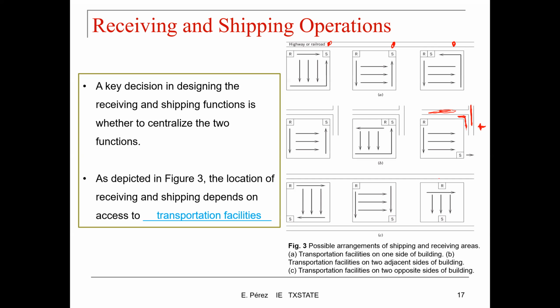But if you're not located in a corner, and you have access to the opposite side of the building, to the street or the highway or the railroad, then you also have flexibility in terms of putting shipping and receiving in separate locations, across the location of the other.